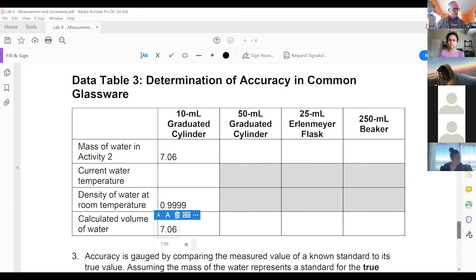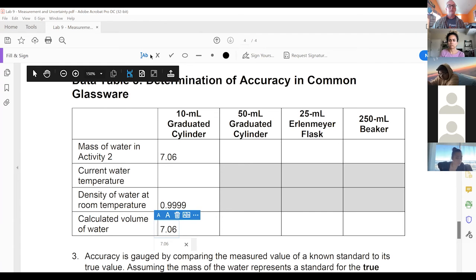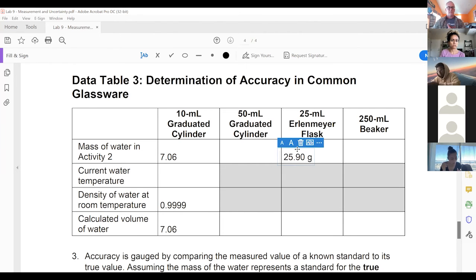My mass of my 25 mL flask is 25.90 grams. Oh, that's not the mass of water, never mind. Minus. Now, trying to eyeball 17 is going to be pretty difficult.